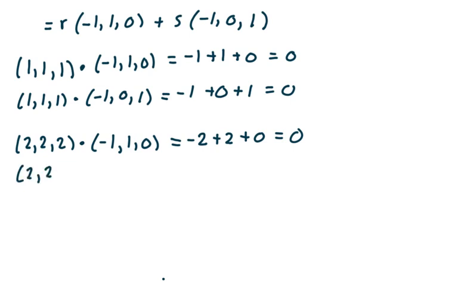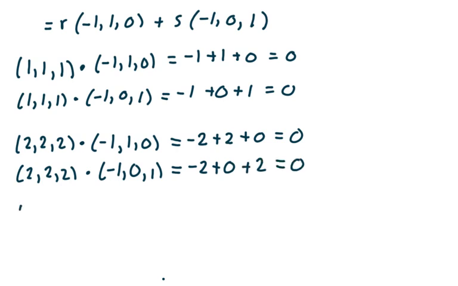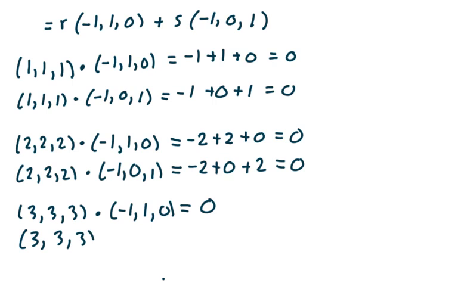And then (2, 2, 2) dotted with (-1, 0, 1) is -2 plus 0 plus 2, which is 0. And then last set, (3, 3, 3) dotted with (-1, 1, 0) is 0, and (3, 3, 3) dotted with (-1, 0, 1) is also 0.